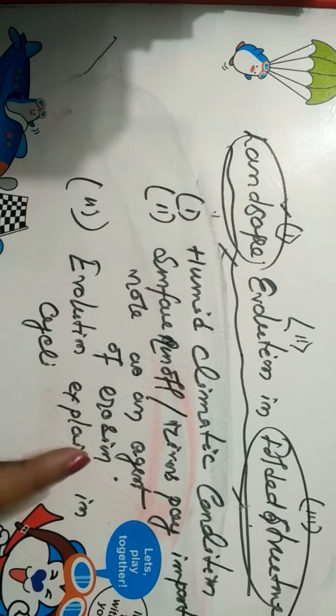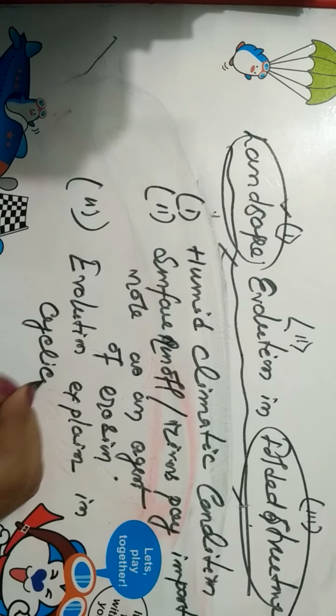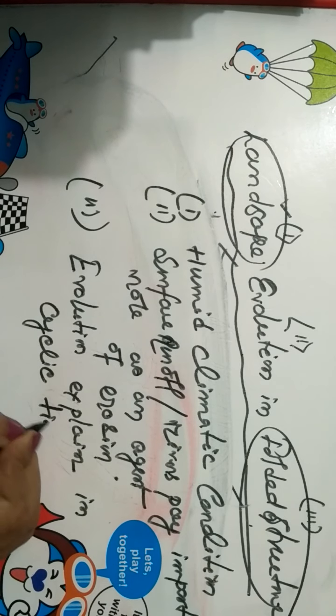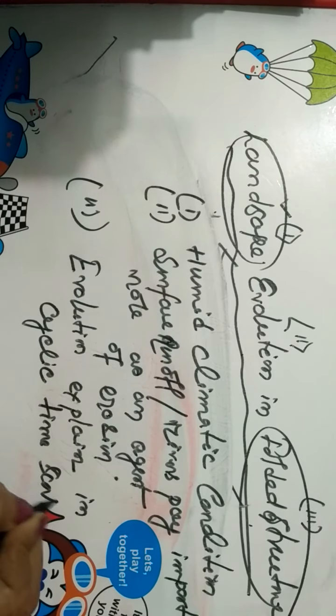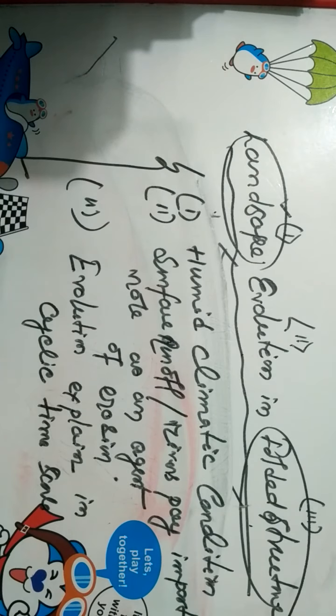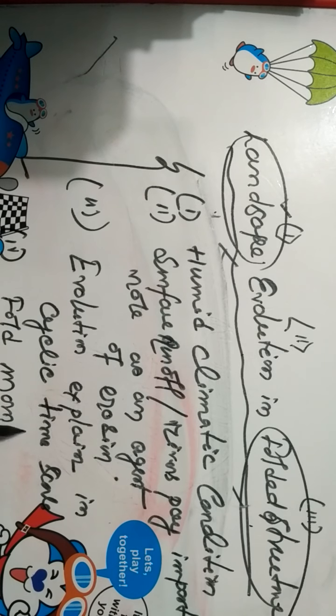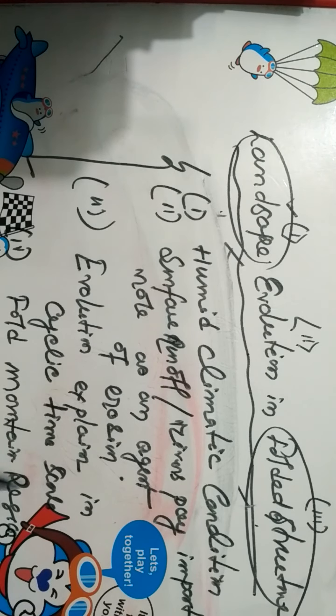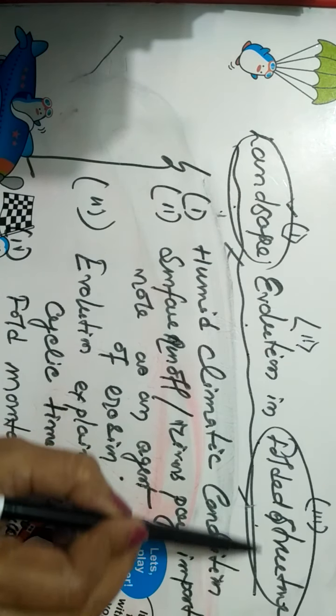Jar 1 unit is equal to 1 million years. Cyclic time scale. These are the conditions of landscape evolution in folded structure. All these things are applicable in folded mountain region, rather folded structure region. Fourth are the preconditions for the landscape evolution in folded structure.